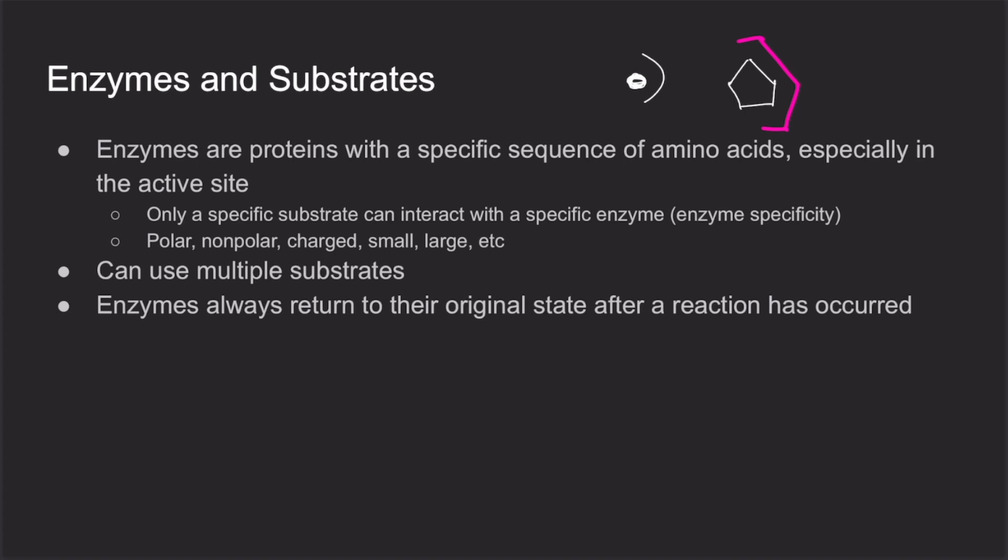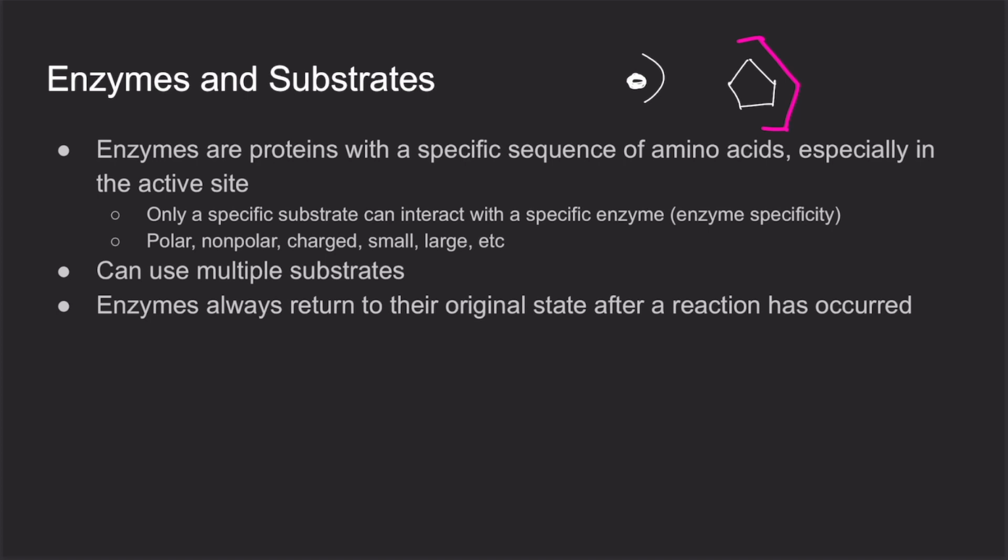So only a specific substrate can interact with a specific enzyme. This is what we call enzyme specificity, okay? And this has to do with the active site of the enzyme and the substrate being polar, nonpolar, charged, small, large, whatever quality you would like to give it. It's all based on those qualities.